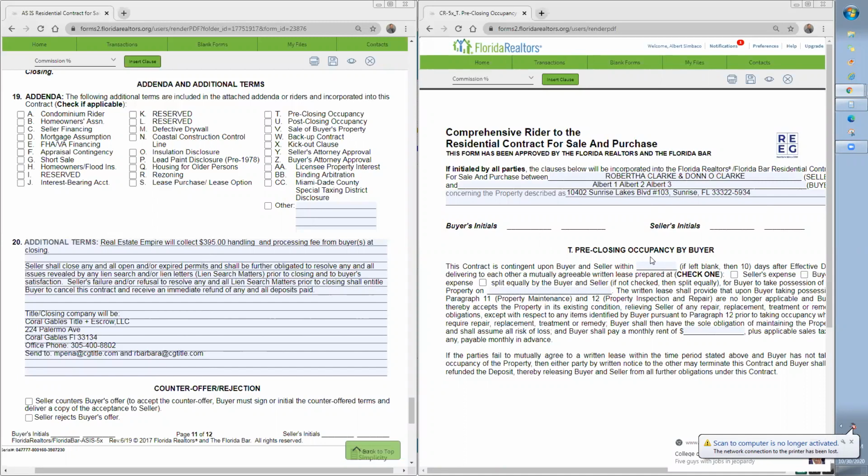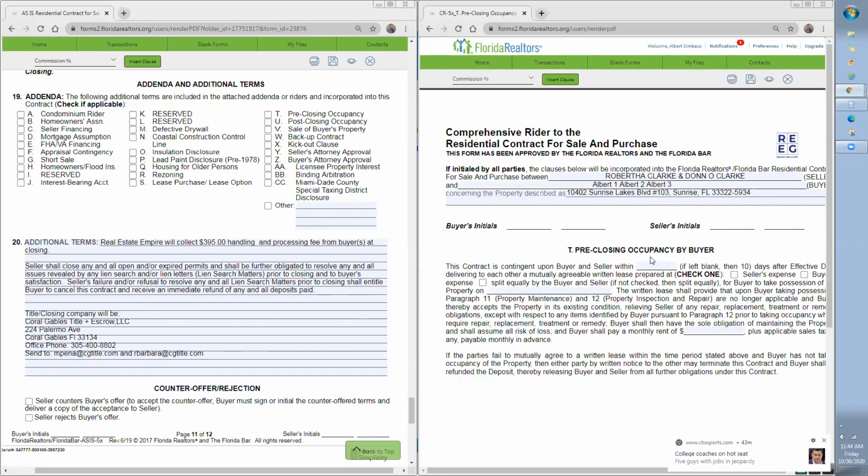And she has to be out of her house, but we have another property that she needs to move into, and I sent them this pre-closing occupancy, letting them know, hey, my mom's house needs to be sold, but she needs a place to live, so she would like to move into your place that she's buying before we close on your place, right? The seller agreed, and that's exactly what's going to take place.